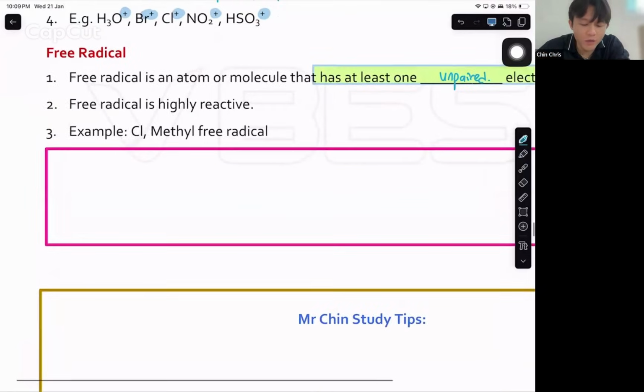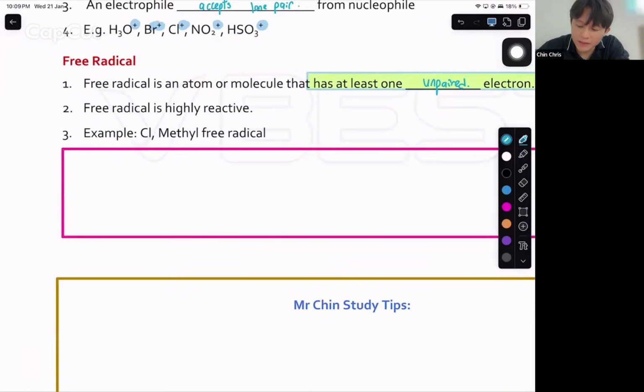All right, guys, for example, we have Cl and a methyl free radical. I want you guys to look at it, yeah? I'm going to draw the outermost electron.